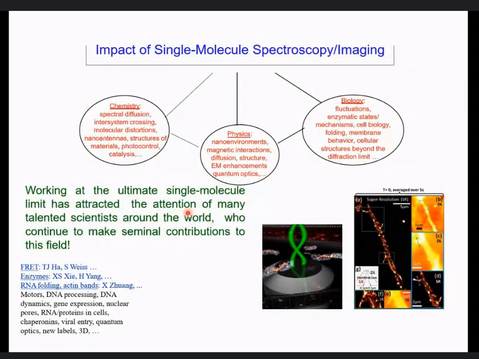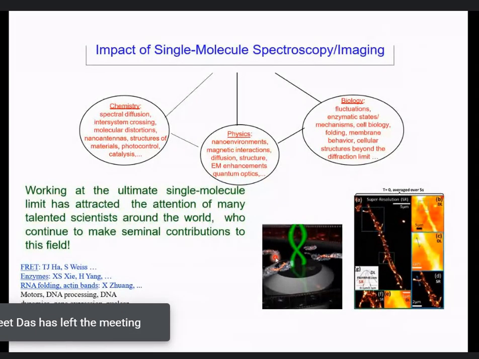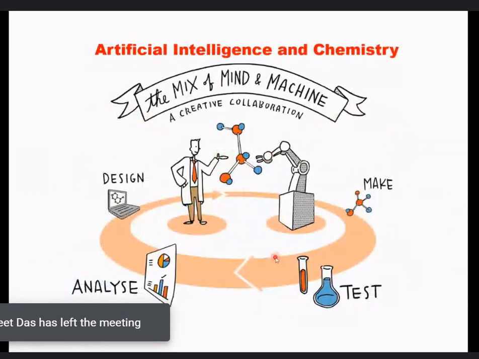Biology: you can talk about fluctuations, enzymatic states, mechanisms, cell biology, protein folding and unfolding, membrane behavior, cellular structures beyond the diffraction limit. So these kinds of things you can explore by doing single molecule spectroscopy. There's a lot of impact. Spectroscopy as well as microscopy has made a seminal contribution to mankind, for various problems.